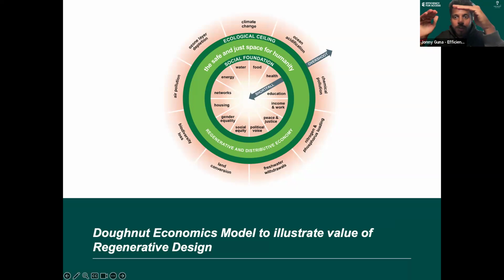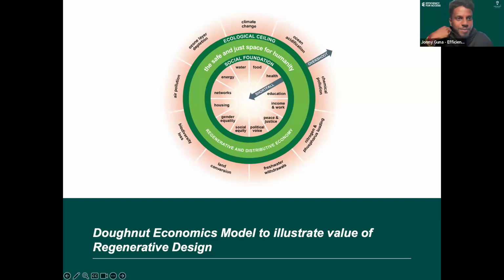If you look at the outer part of the circle, you've got the ecological ceiling. This shows the boundary within which humanity must not exceed in order to remain sustainable. If we go past this point, on the outer layer come all the things that, as engineers and just as basic humans, we do not like.